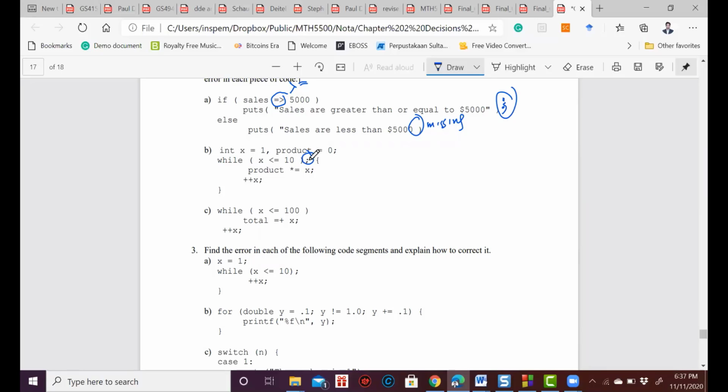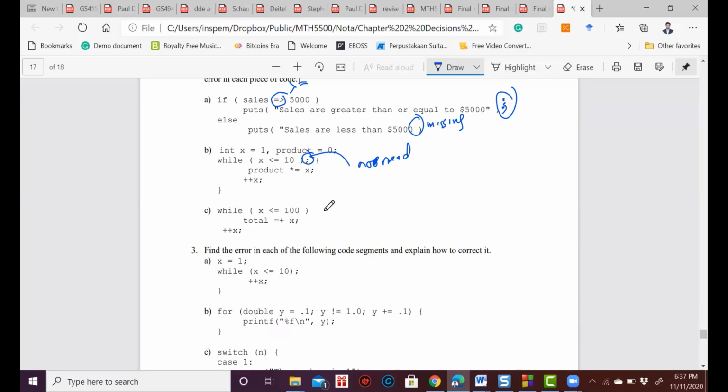Indeed, this one is no need. And then C, I think B is only one, no need for this one.